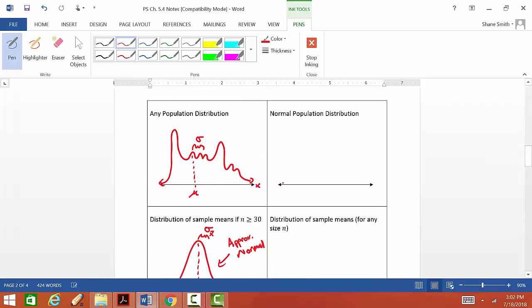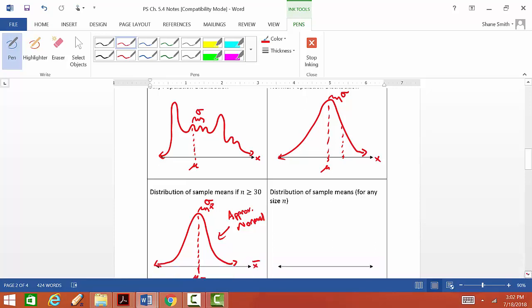Now, if you already have a normal distribution, you'll still get a normal distribution, but how did I draw this? It's skinnier, right?